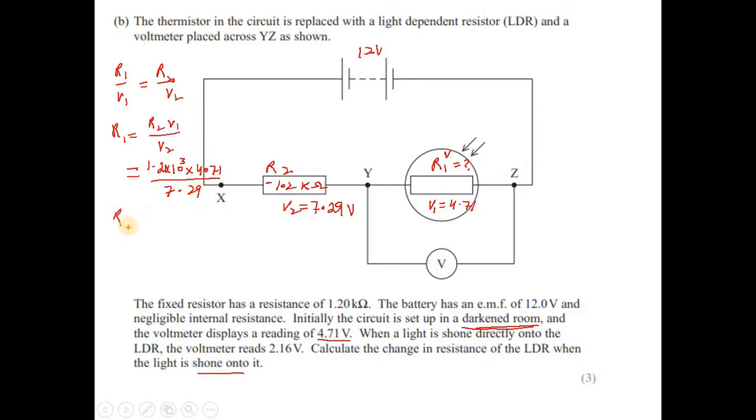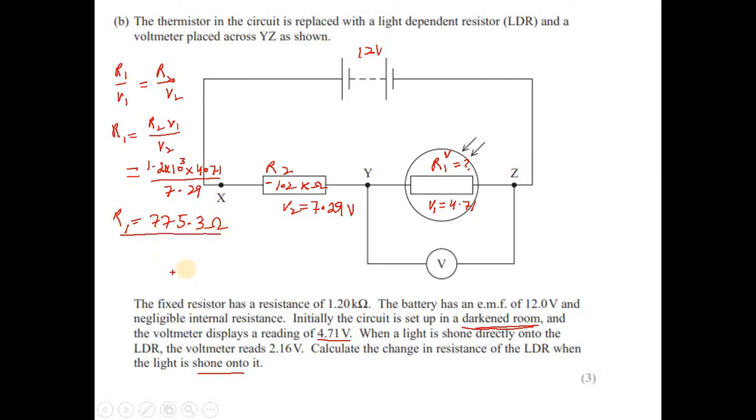So R1, the initial resistance of this LDR when the circuit is in a darkened room, is 775.3 ohm. This is the resistance initially.